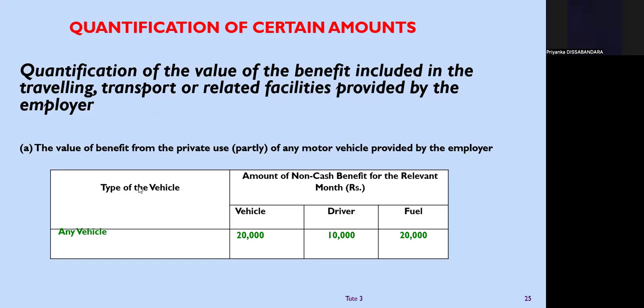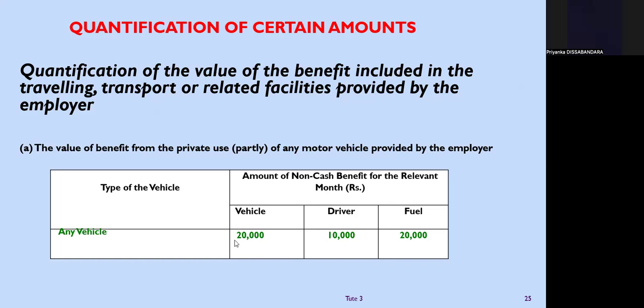So if we are given a vehicle, or provided a driver, or if we are given fuel, not the fuel allowance, not the vehicle allowance, but a vehicle, not the fuel allowance, but fuel, then we can consider these three amounts as our vehicle benefit.